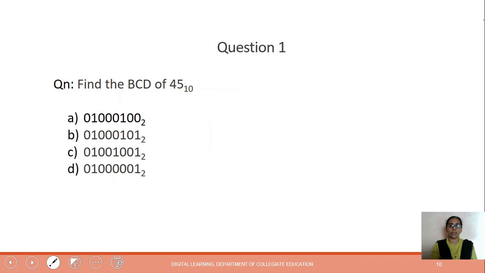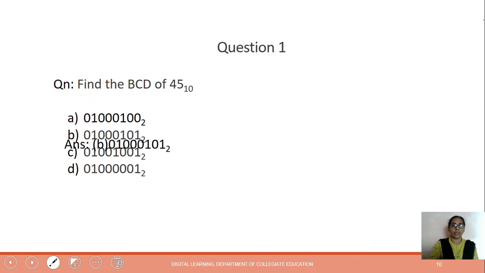Now we can see some of the questions. Find the BCD of 45. For writing, you just write what is the BCD of 5, and then to the left side what is the BCD of 4. So the final answer is 0100 0101.